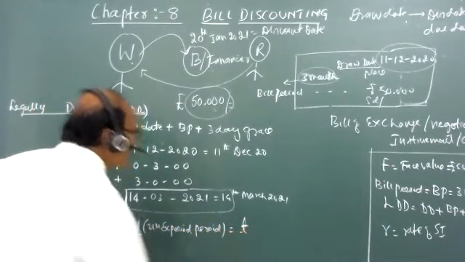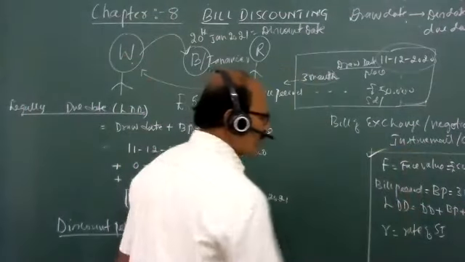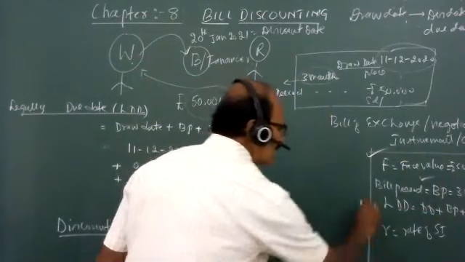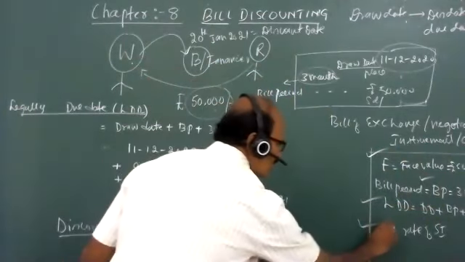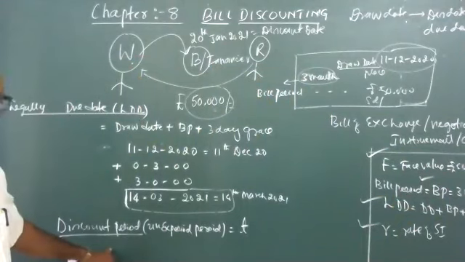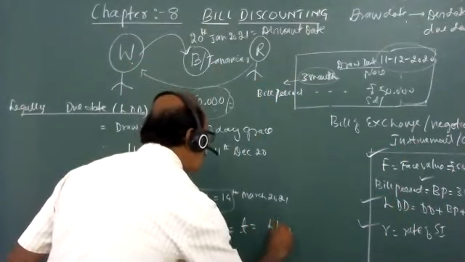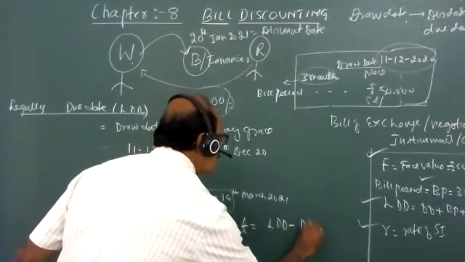The symbol is T. So F is called the face value, B is the bill period of 3 months, LGD is the legal due date, R is the rate of simple interest with the banker. One more comes, the discount period, with symbol T. It is nothing but legal due date minus discount date.